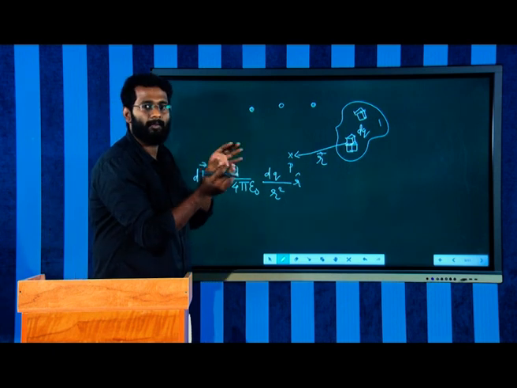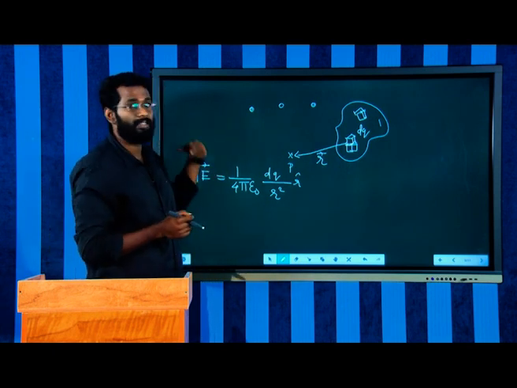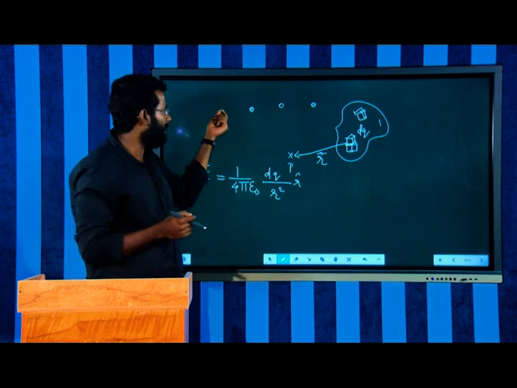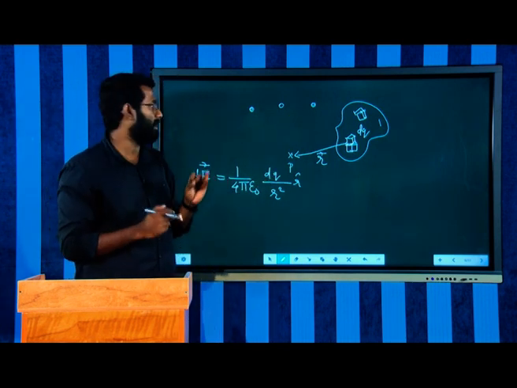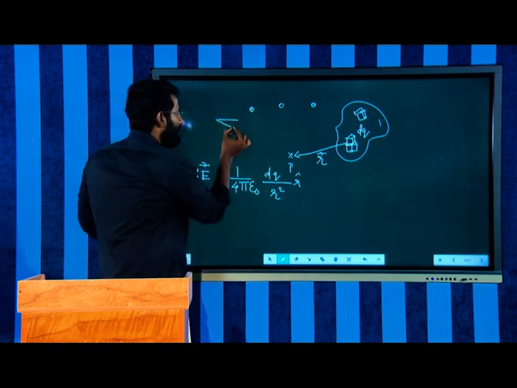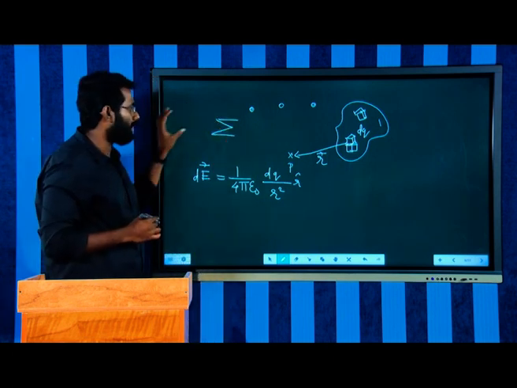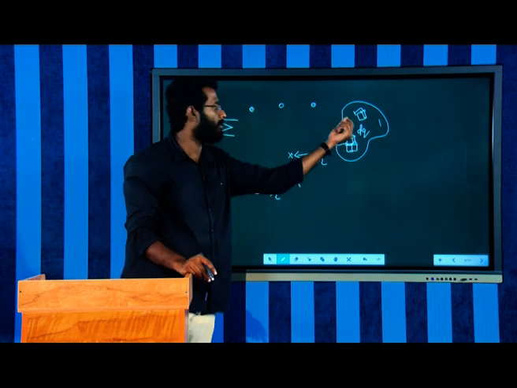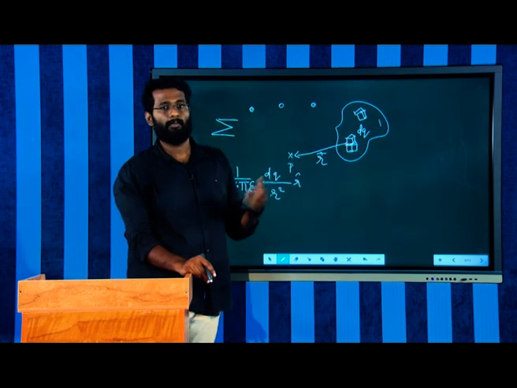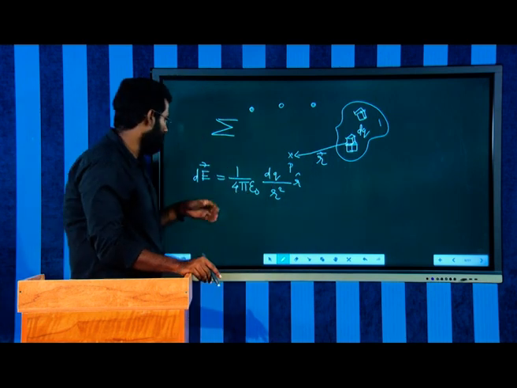Before, we had discrete charges that we could count, 1, 2, 3, which is why we used the summation symbol. Here we cannot sum individually because the charge is distributed continuously, so you have to sum it continuously. That continuous summation is called integration.